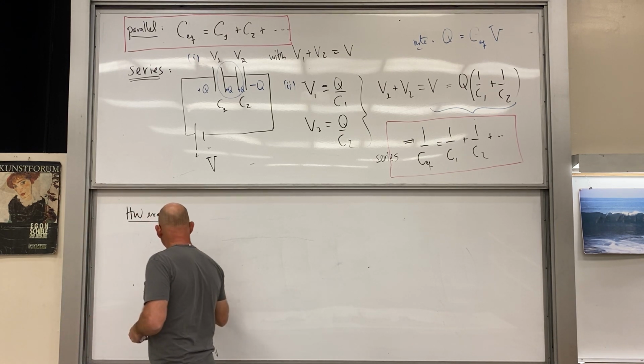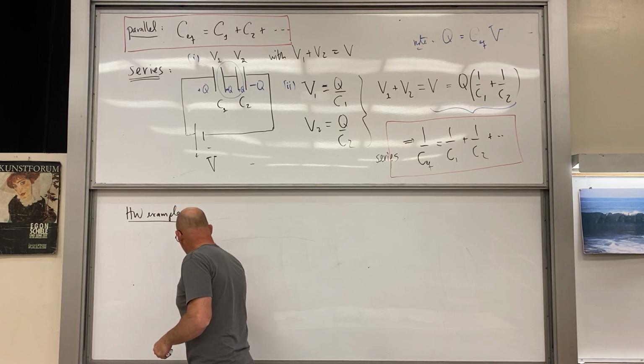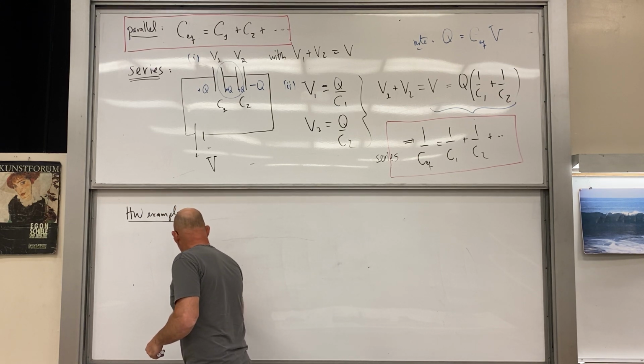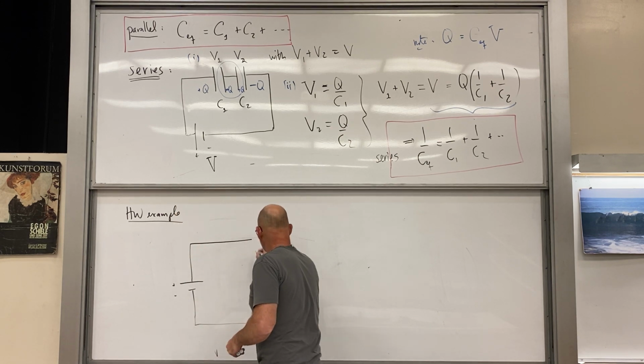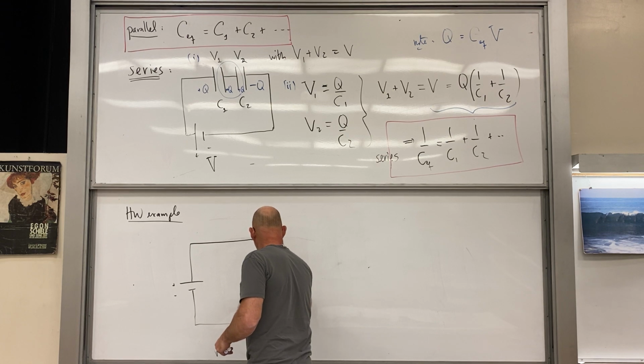I'm pretty sure this is what it's going to look like. Suppose you have, we can put our battery here. Suppose we have a scenario where we have two capacitors here.